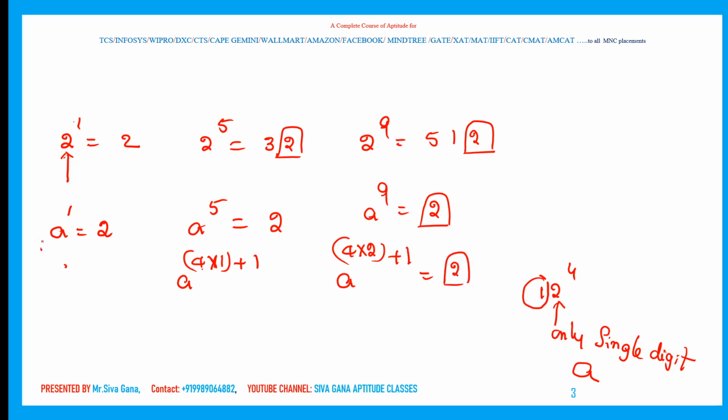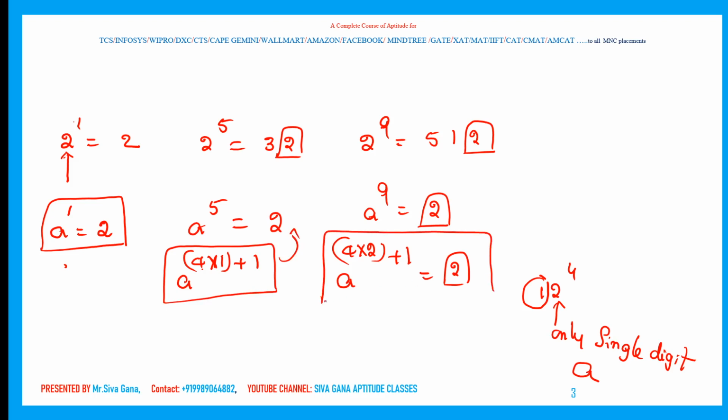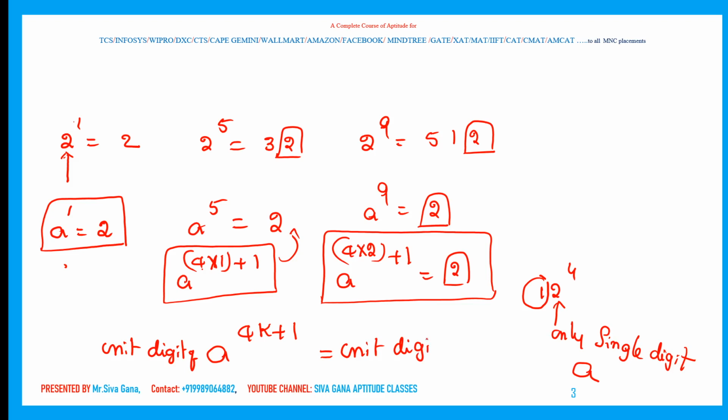Now, based on a power 1 unit digit is 2, a power 4 into 1 plus 1 unit digit is 2, a power 4 into 2 plus 1 unit digit is 2, we can conclude that the unit digit of a power 4k plus 1 is equal to the unit digit of a power 1.